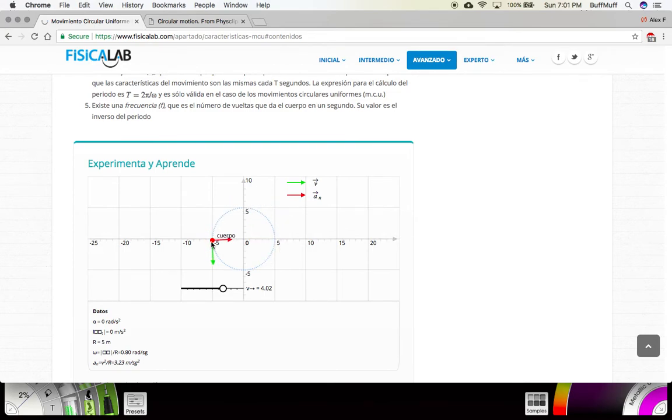Why? Because let's look at when it passes this point right here. At that instant, the particle is trying to move forward, and that is why the velocity vector is tangential. I want you to look at how at every single point this velocity vector is tangential.